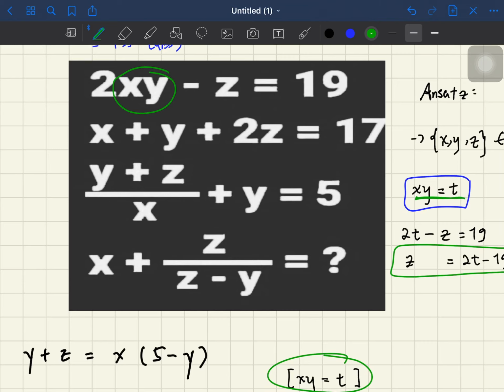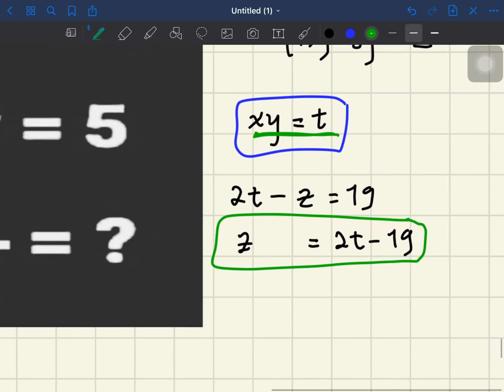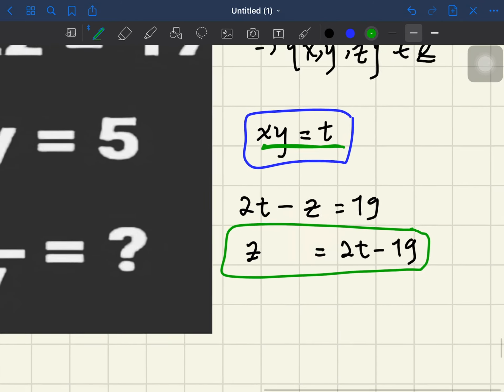The first strategy is to solve for each variable x, y, and z in terms of t, which is in terms of xy. For example, I use the first equation, 2t minus z equals 19, and so I can get z equals 2t minus 19, like so.